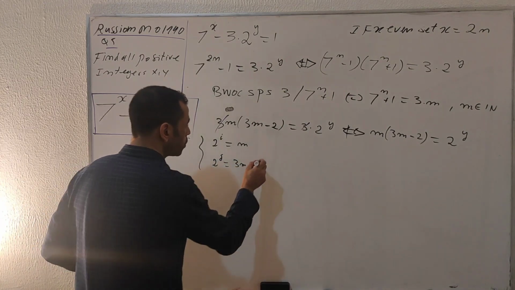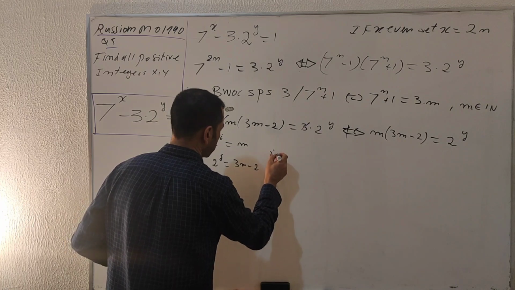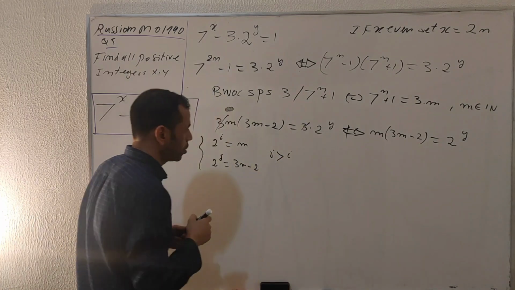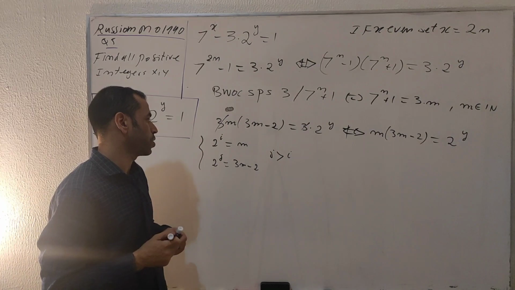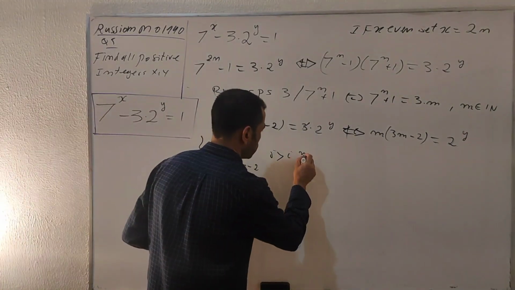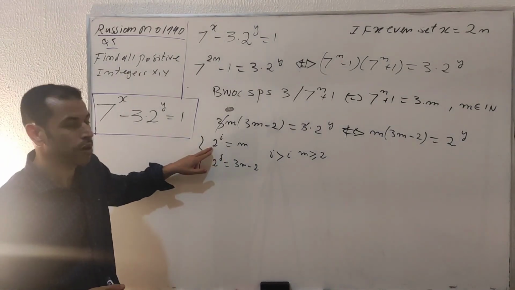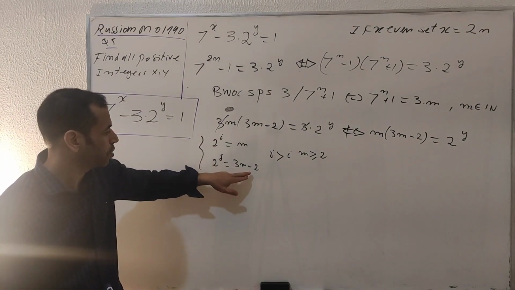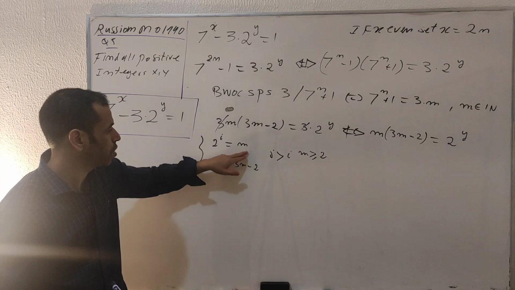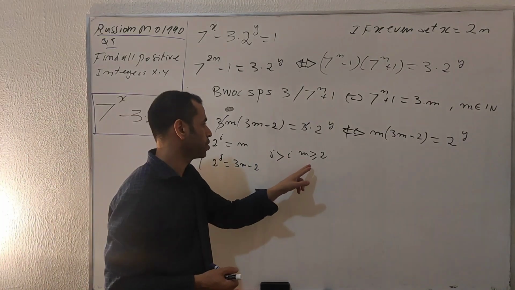Here j must be strictly greater than i. If j is strictly greater than i, m must be greater than or equal to 2, because if m equals 1, we'd have equality: 3 minus 2 is 1, and here we would have 1. So m must be greater than or equal to 2.